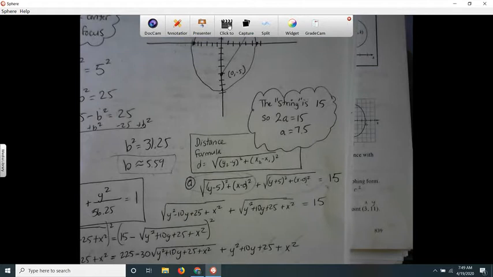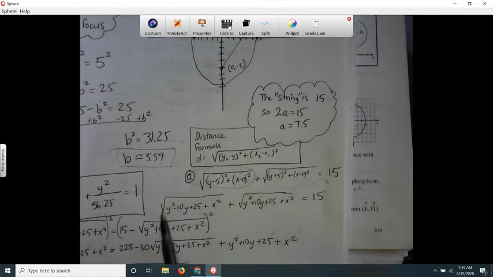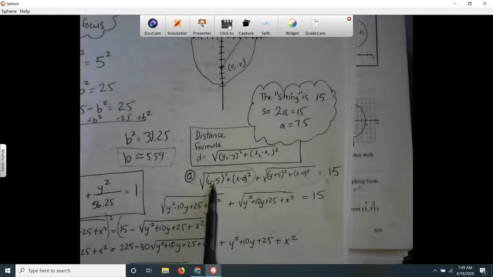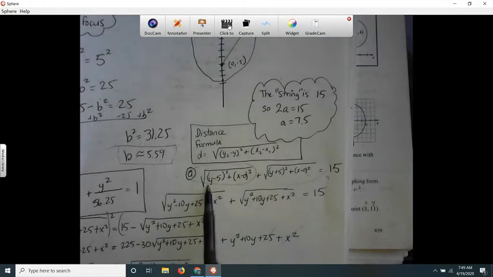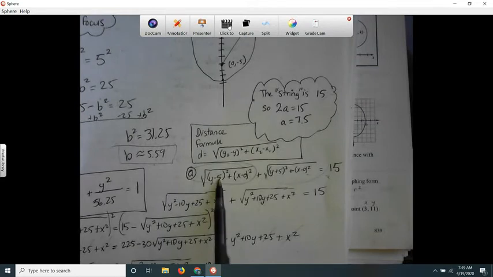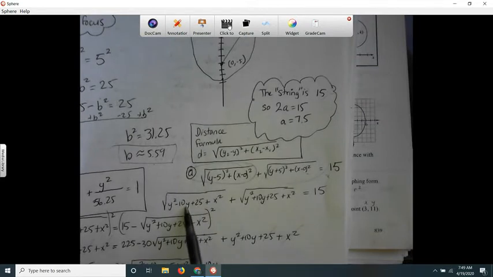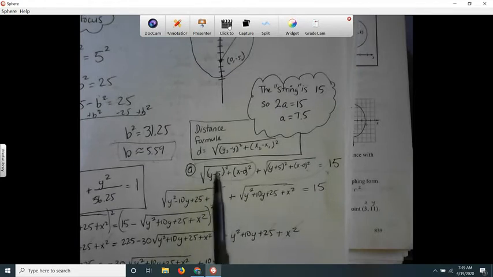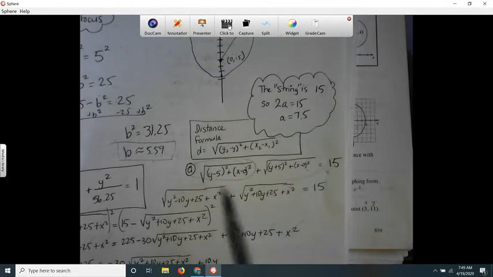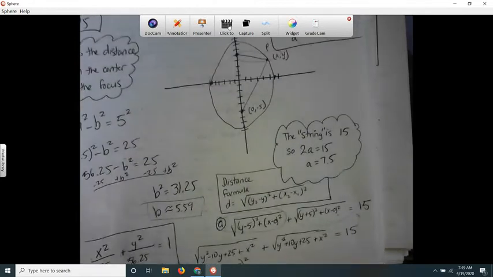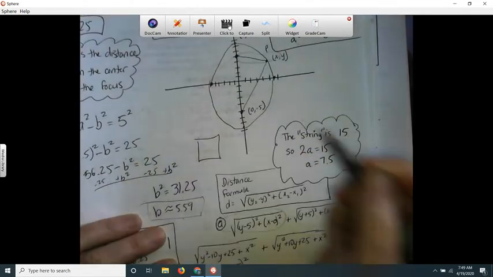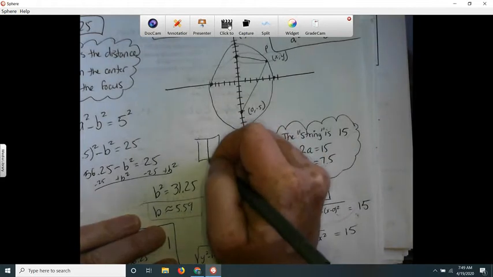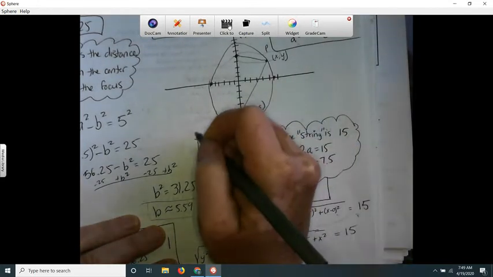So algebra. What did I do? I took this and squared it out, so I know that I can square the first thing, and then I go the first thing times the second thing times 2, and then the last thing squared. So you can put this in a little area model box if you don't remember how to square stuff out, but I'll just do this one time and then the rest of the time I'm not going to do it.